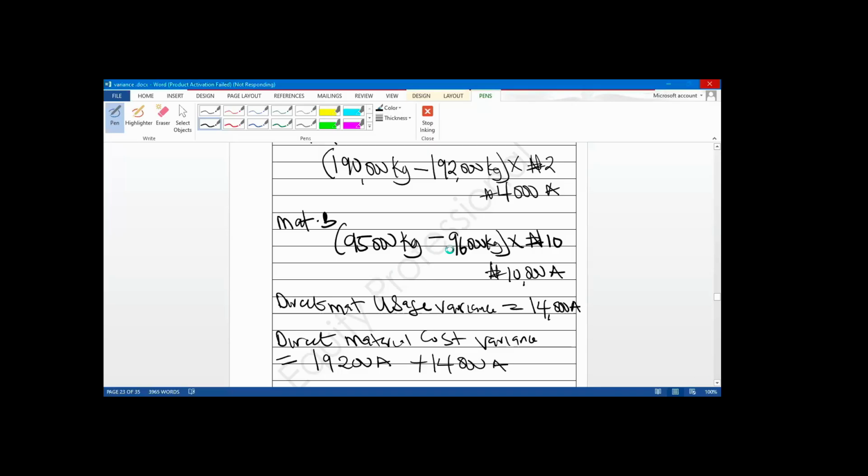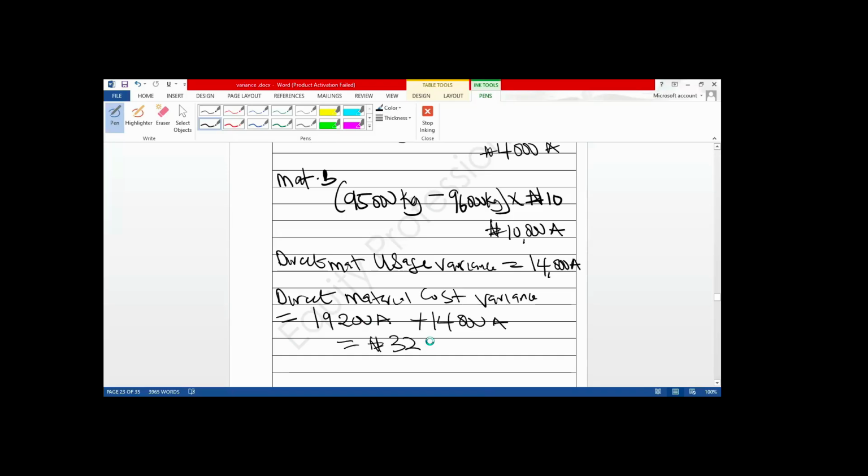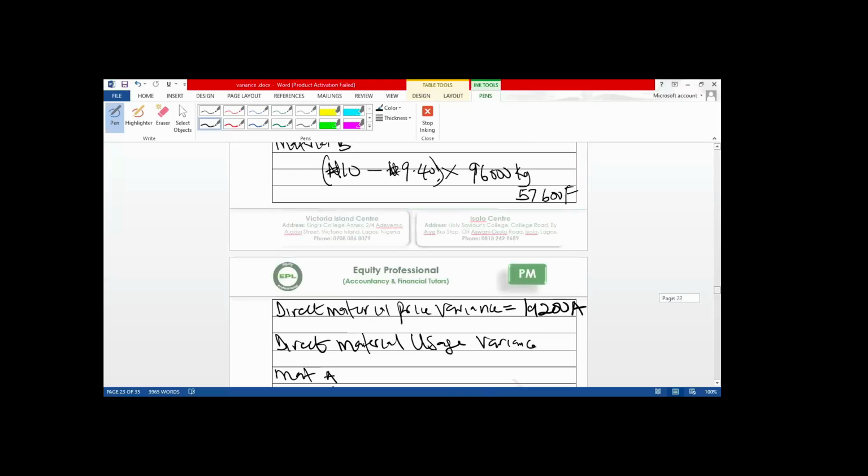Your direct material cost variance is the addition of material price variance and material usage variance. That will give you 33,200 A. You have resolved this.